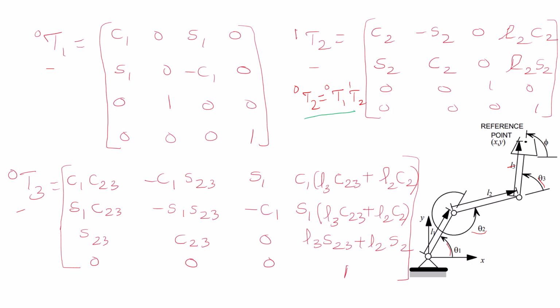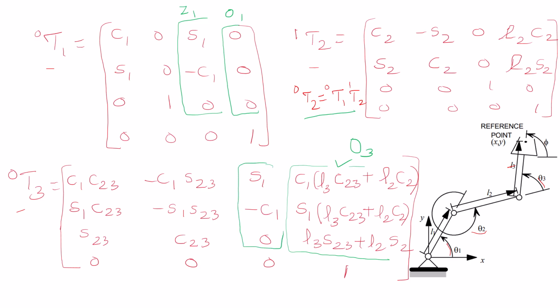Once we have those transformation matrices, we take the positional vector component. This is O1 and this is Z1. The same way for T3 to 0, this part is O3, that is O3 relative to the 0 frame, and this is Z3 to 0.